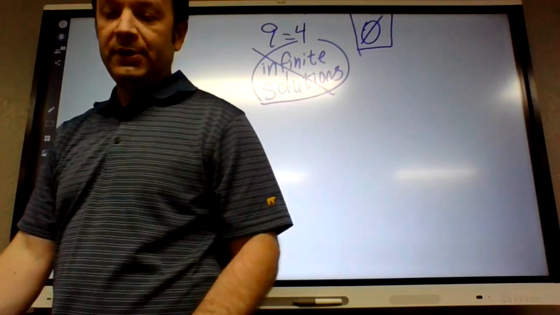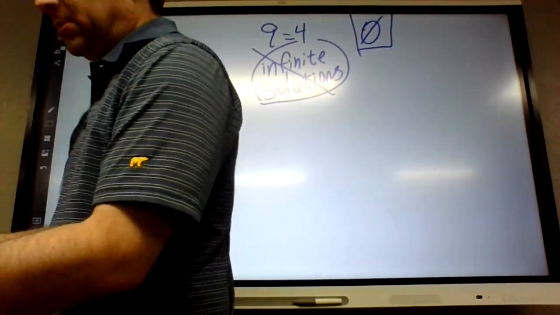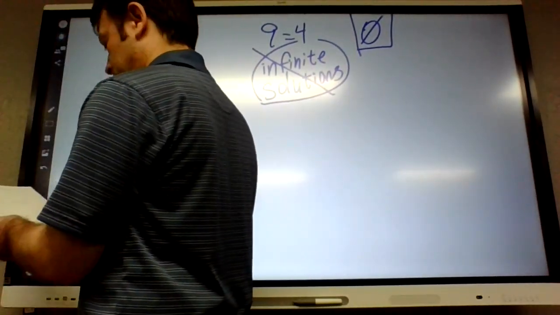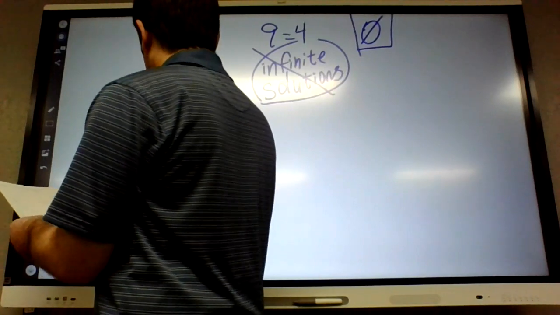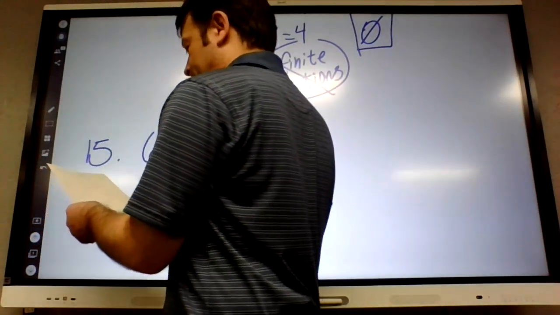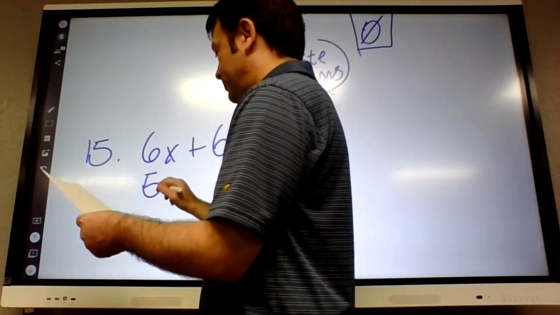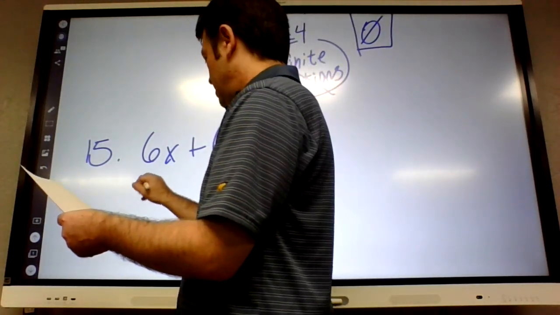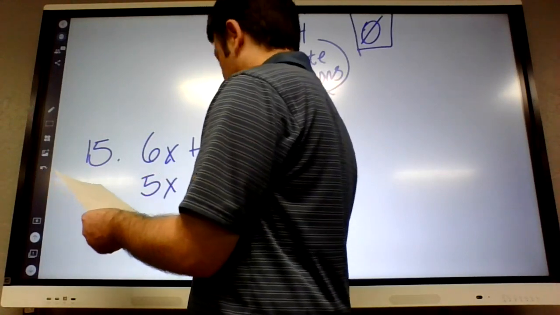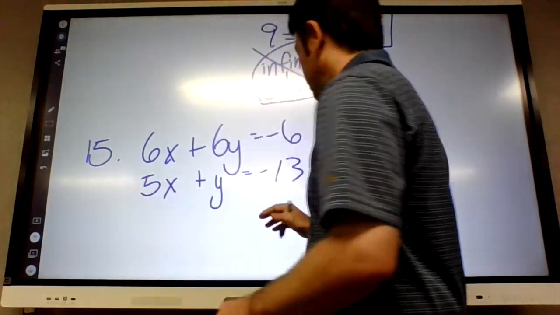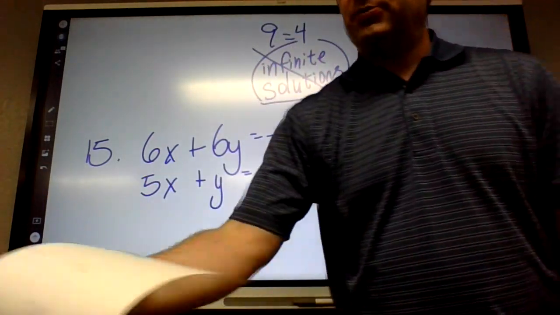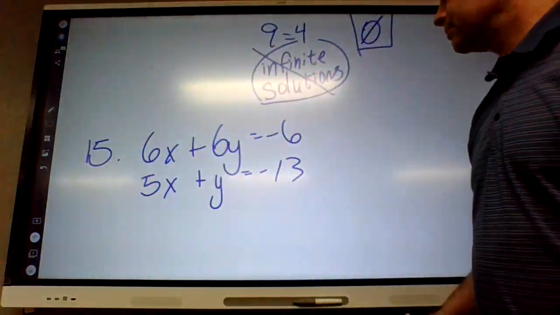Okay, 15. A lot of these problems, like on 15, you could simplify by dividing the top line by 6 on every term. You don't have to, but okay. All right, Willow, what do you think? Minus 5x.